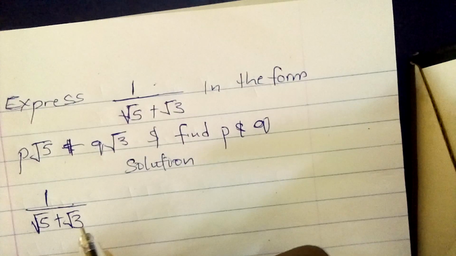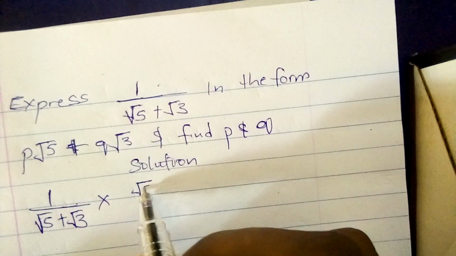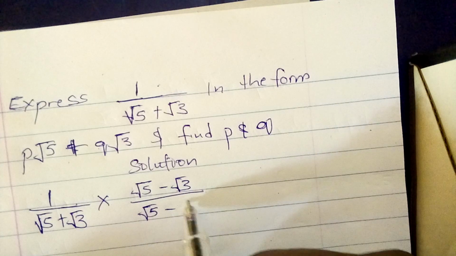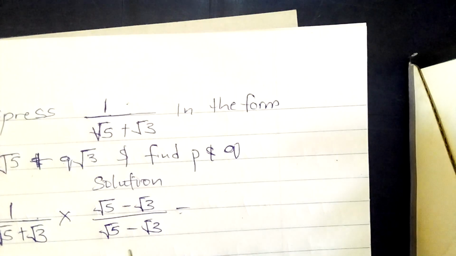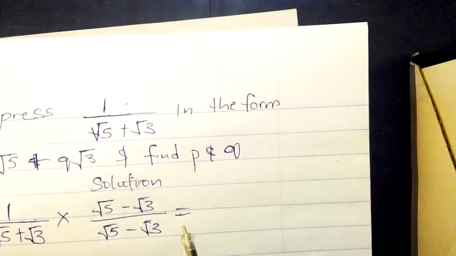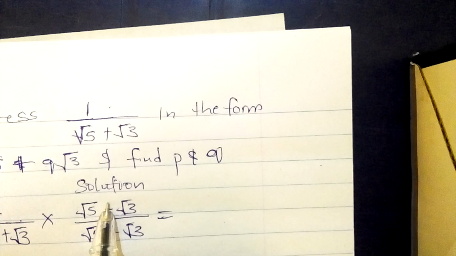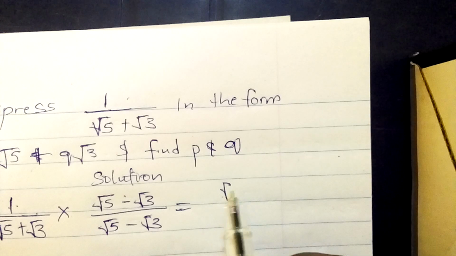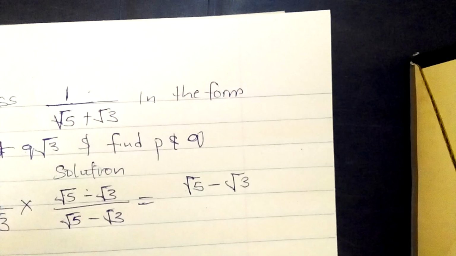According to what I told you about rationalization, we just multiply by the conjugate, which is root 5 minus root 3 all over root 5 minus root 3. So now this will give us 1 times this here, which is the same thing, root 5 minus root 3.